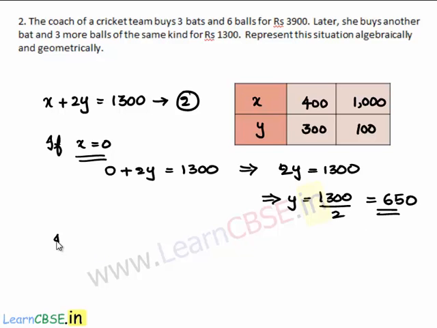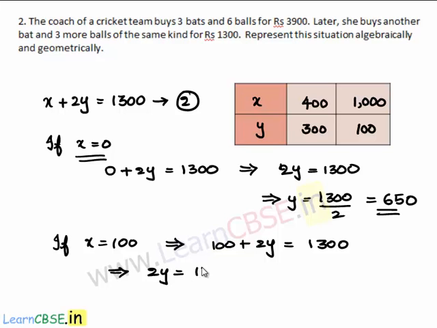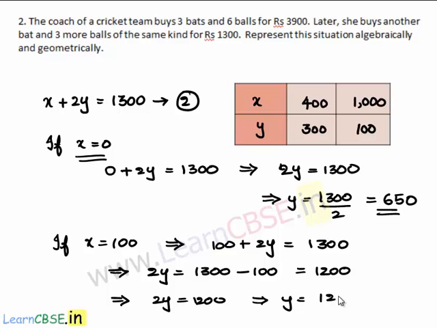Now if x is equal to 100, the equation number 2 becomes 100 plus 2y is equal to 1300. So we can write 2y is equal to 1300 minus 100, which is nothing but 1200. So 2y is equal to 1200 implies y is equal to 1200 divided by 2, which is 600.